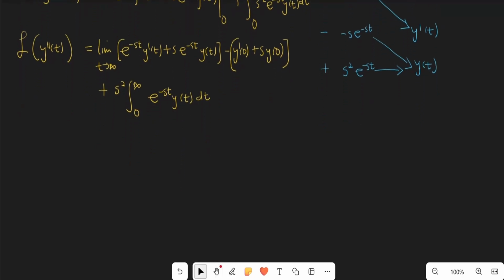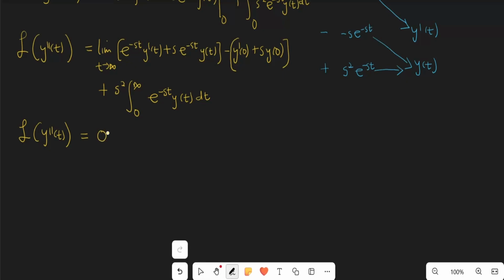Cool stuff. Now we will have the Laplace transform of y prime prime of t equal to, now as t is approaching infinity, because s is a positive number, this one is going to be approaching 0, this one is going to be approaching 0, and now everything here is going to be 0 regardless of what y prime of t and y of t are. So when you plug in infinity, that's going to be 0.